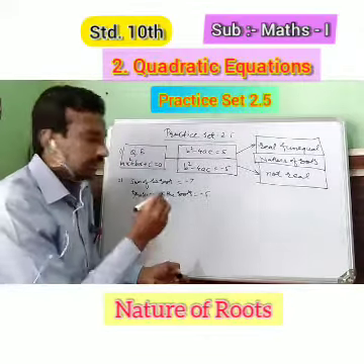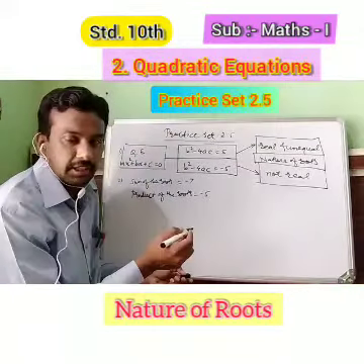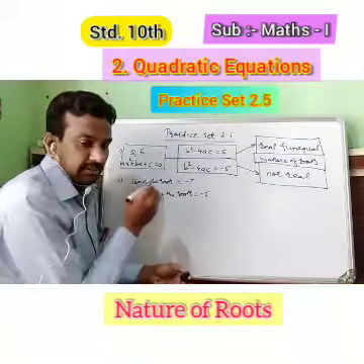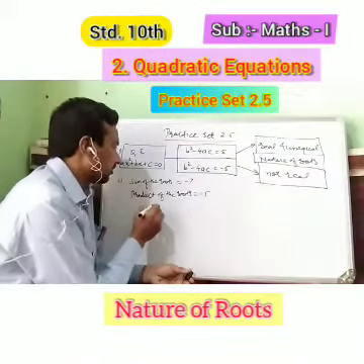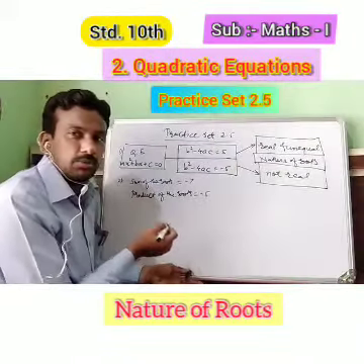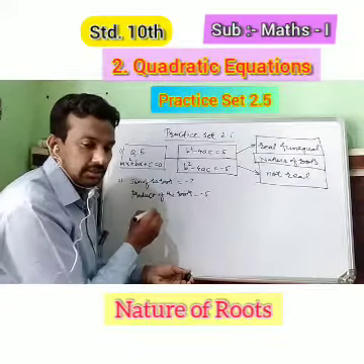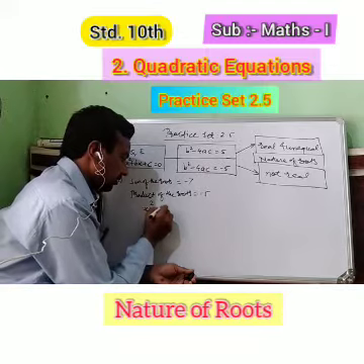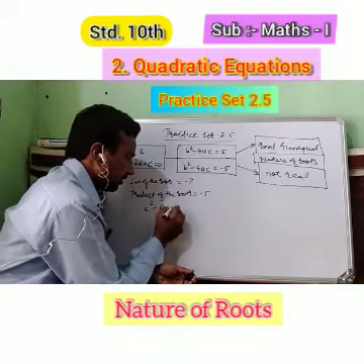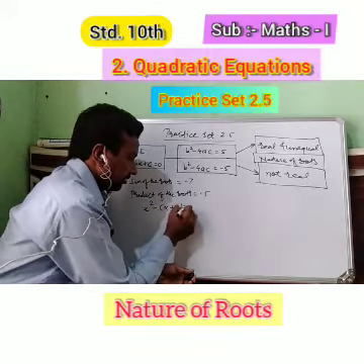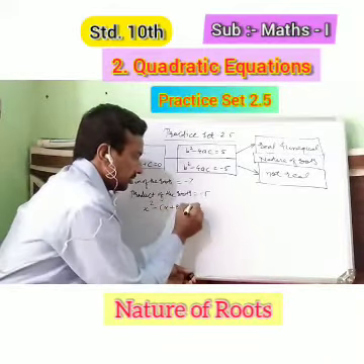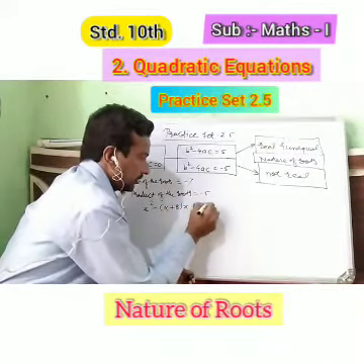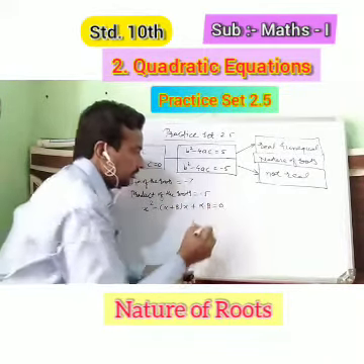Then find the quadratic equation. We have to form a quadratic equation. If alpha and beta are two roots of the given quadratic equation, then the required equation is x square minus alpha plus beta into x plus alpha into beta is equal to 0.